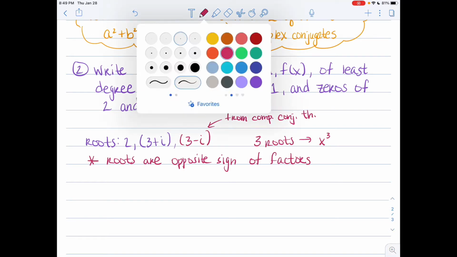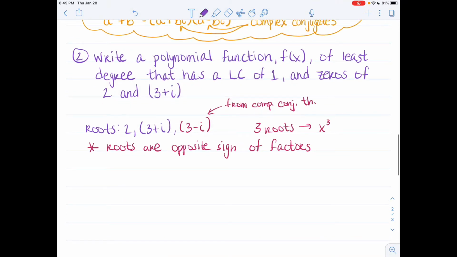All right, so let's write our factored polynomial keeping that in mind. I'll say f of x is equal to x minus 2, and then I'm going to have x minus (3 plus i), and finally x minus (3 minus i).